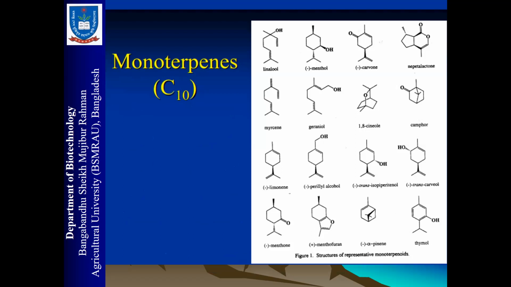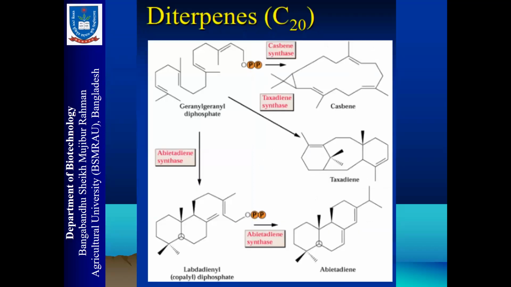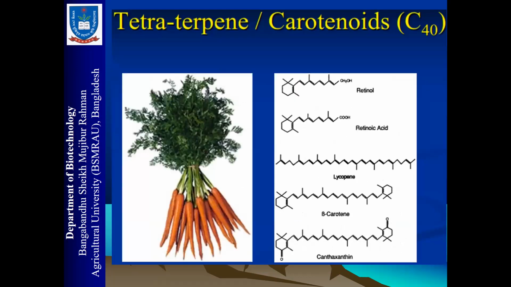For example, linalool or menthol in the mentha; linalool is possibly found in the lemon, and there are many others, all aromatic compounds. Sesquiterpene, diterpene, and triterpene have lots of compounds. No need to memorize all, but you need to know at least one classical compound for each class.